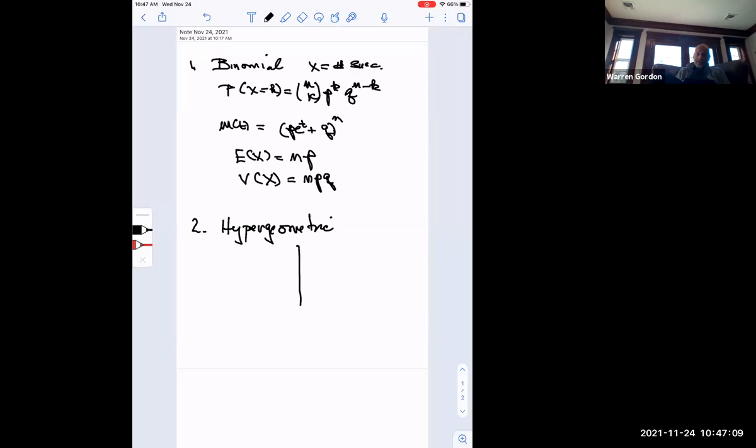The way I defined it is I said, suppose there are R red marbles, and the remaining marbles are some other color. And we choose N without replacement. And X is equal to the number of red.